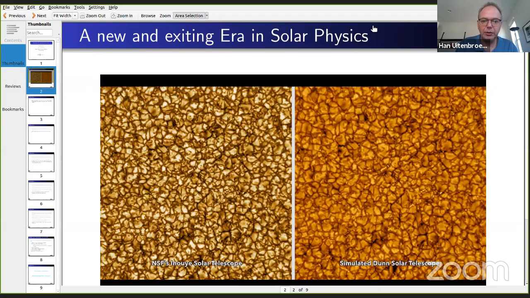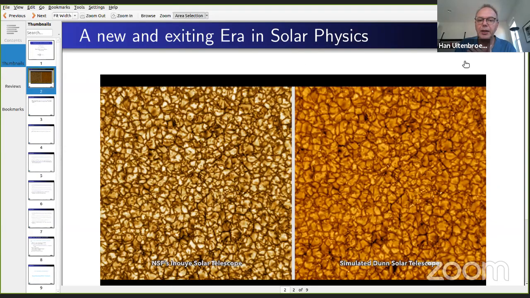So hopefully this will work. Yes. Can you see the movie now? On the left are some of the first images that the DKIST has been able to observe of the solar surface.